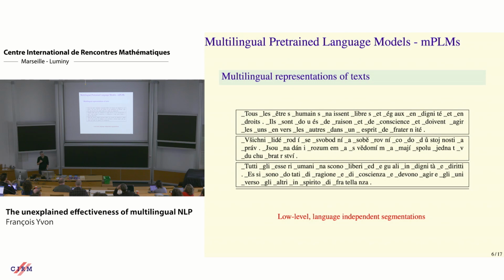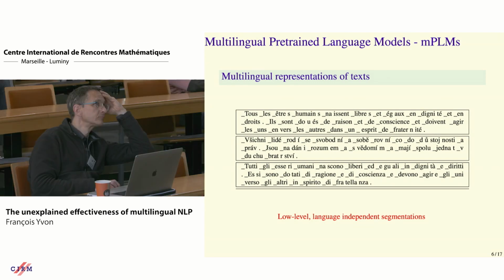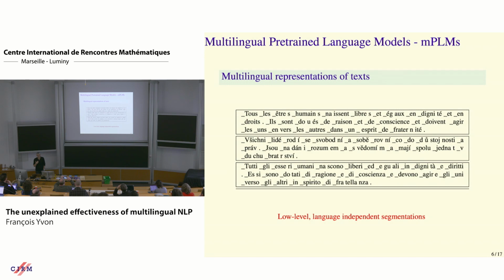So this is the way we do it. We do it with very simple tools that will basically, in an unsupervised way, chop any sequence of characters in any script into a shared set of units. When we do this, you have to realize that we abandon the notion of word, and the notion of morpheme.